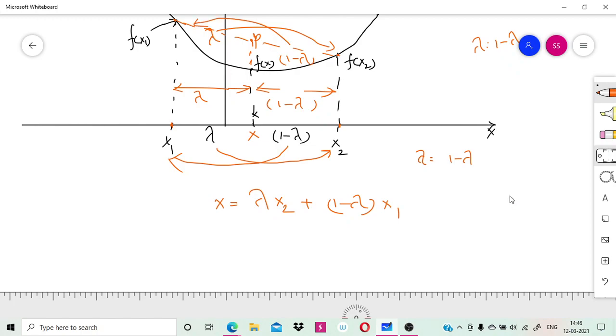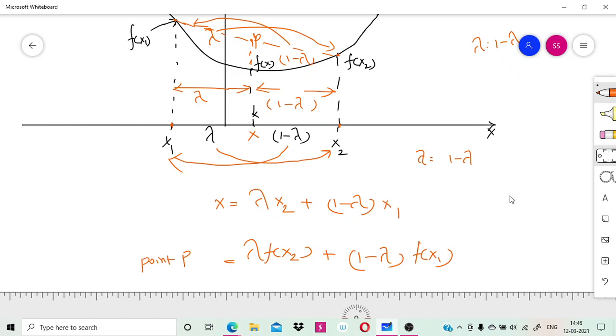What you will get is lambda into f of x2, plus 1 minus lambda into f of x1. That is nothing but your point P.